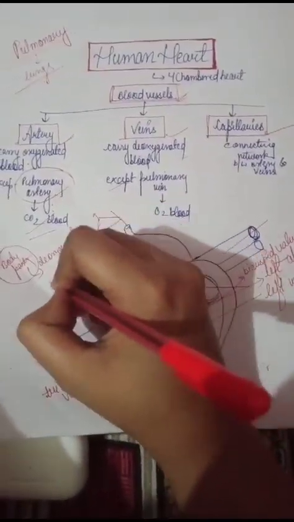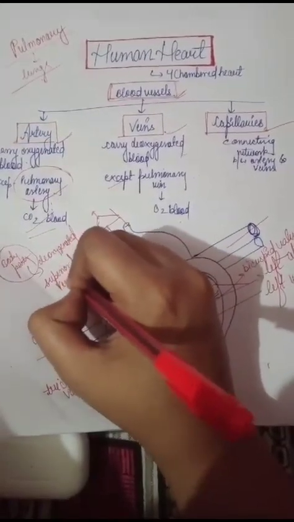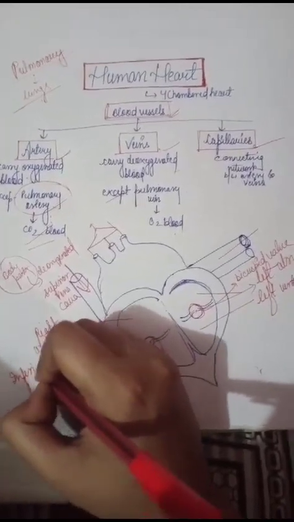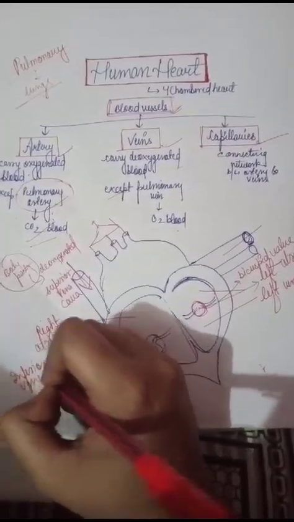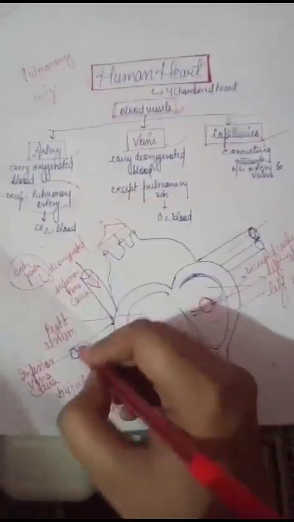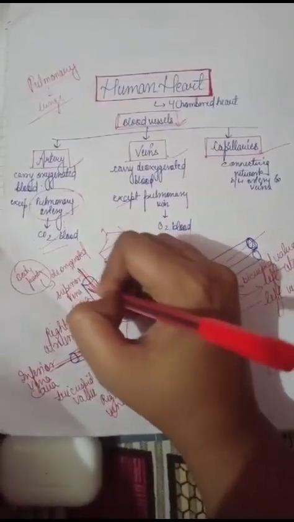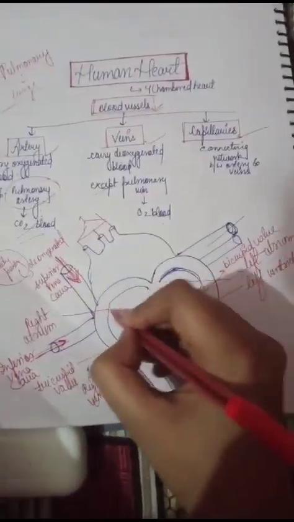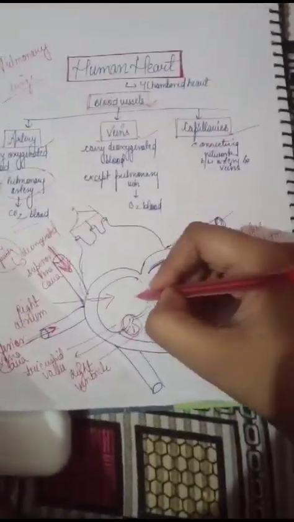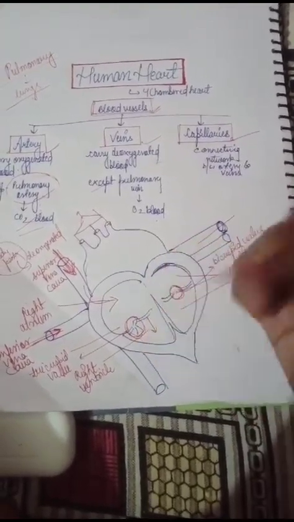This is the superior vena cava, this is the inferior vena cava. The blood comes from the body parts to the right atrium. Then it travels through the tricuspid valve to the right ventricle.